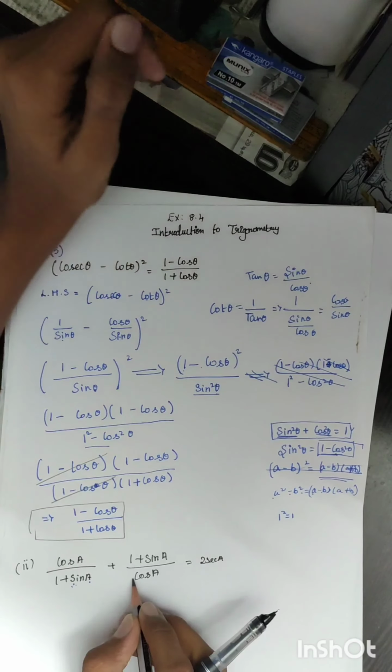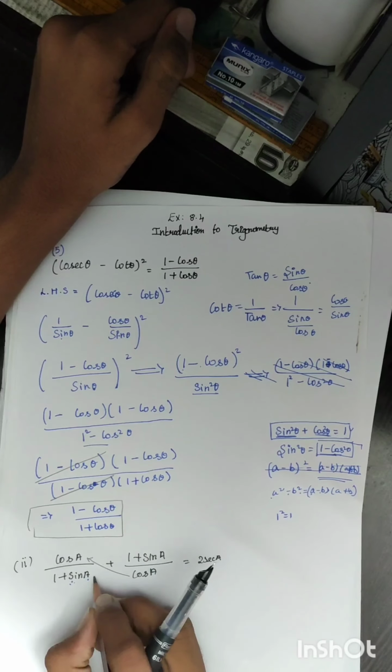Now I can multiply this cos A with this cos A, and then this one with this one.